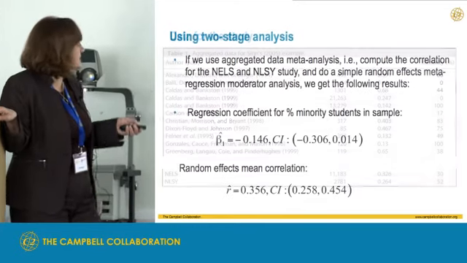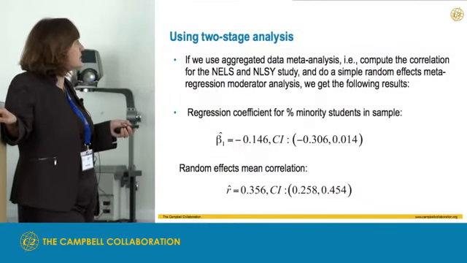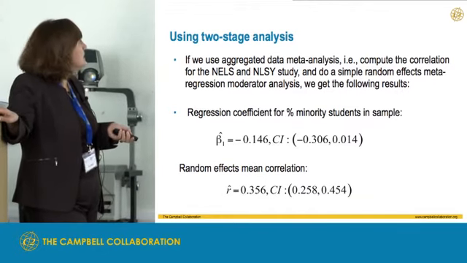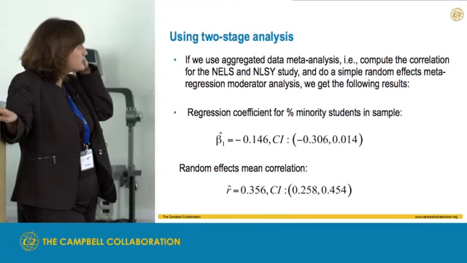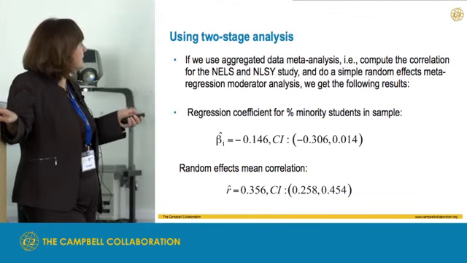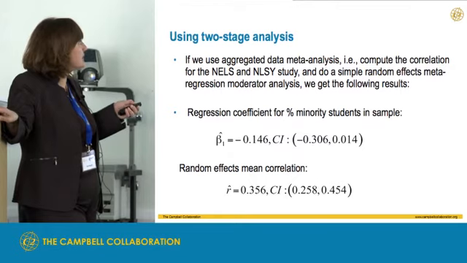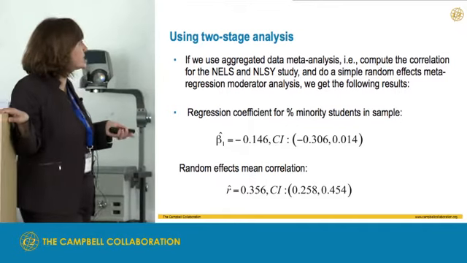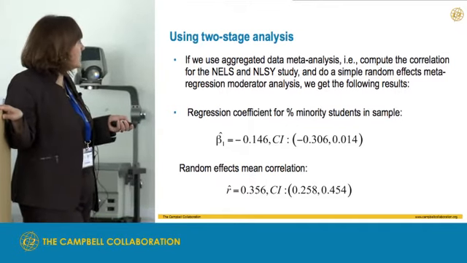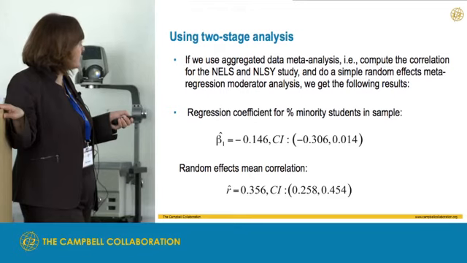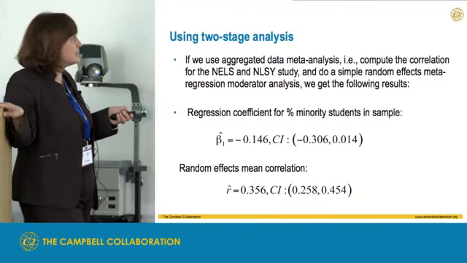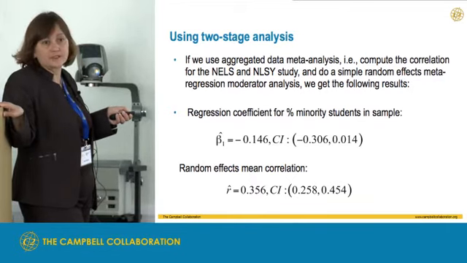Okay. So if we just take and do a standard random effects meta-regression model here, we get the following. And what I did was, in this case, if I just aggregate the data from NELS and NLSY up to the study level, get a correlation, do a regular standard meta-regression, I get a regression coefficient for the percent minority students in the sample of negative 0.146, but it's not statistically significant. 0 is in there.